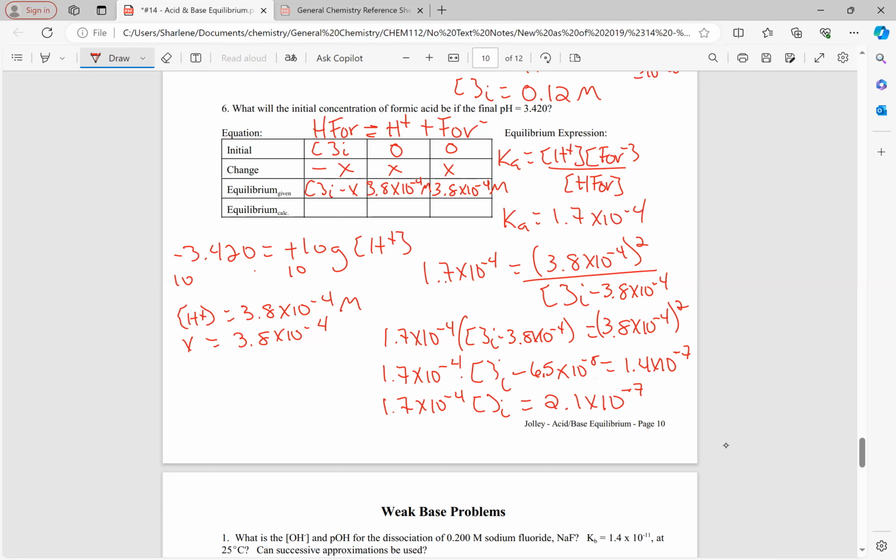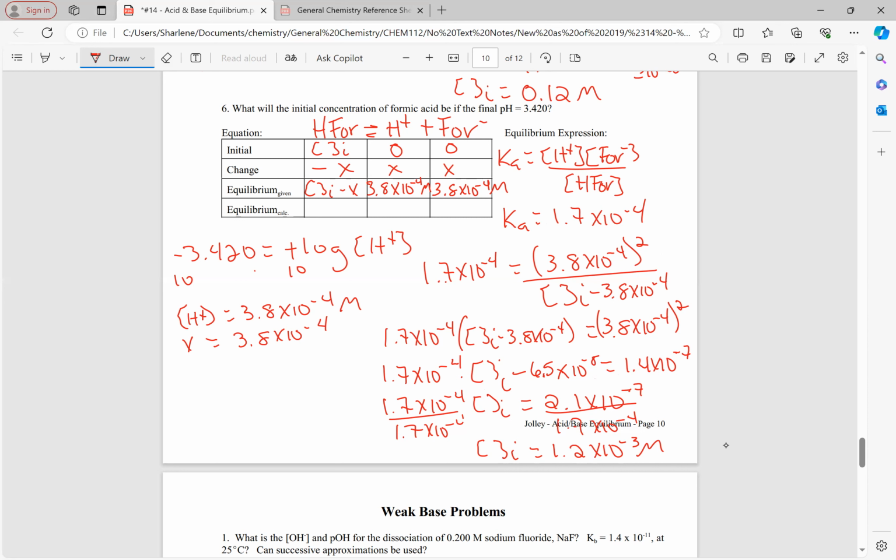All right, now divide both sides by 1.7 times 10 to the minus fourth. And my concentration is equal to 1.2 times 10 to the minus 3. Check that again. Yep. Okay. So my initial concentration is actually 1.2 times 10 to the minus third.